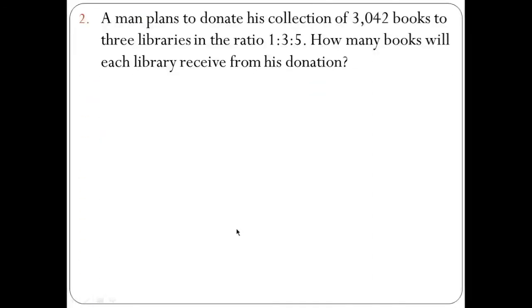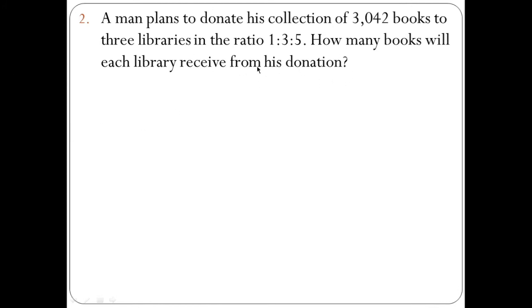So, let's proceed to our next example. A man plans to donate his collection of 3,042 books to 3 libraries in the ratio of 1:3:5. How many books will each library receive from his donation?